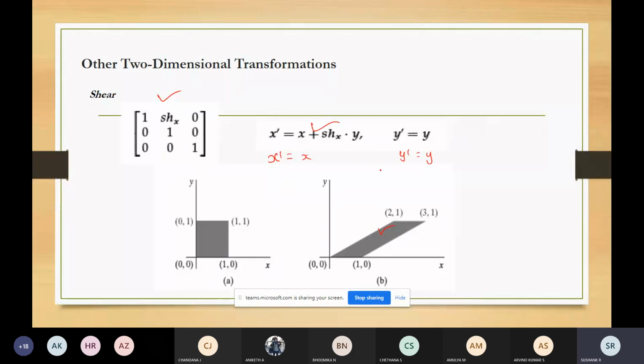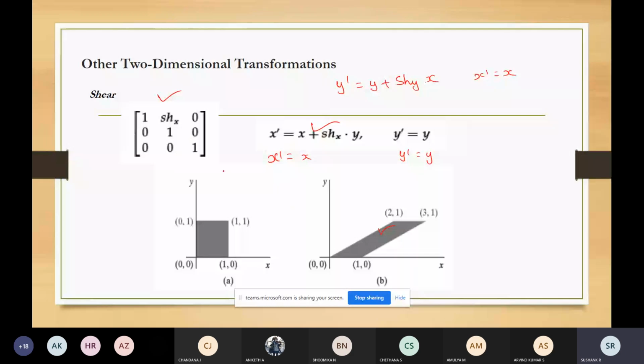So if you want to shift the coordinate values along the x-axis, this is the matrix. If you want to shift along the y-axis, you can write y dash is equal to y plus sh of y into x, and x dash is equal to x. This is the shear along the y-axis.